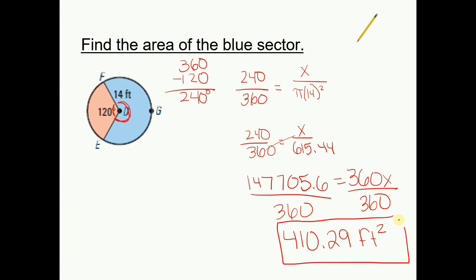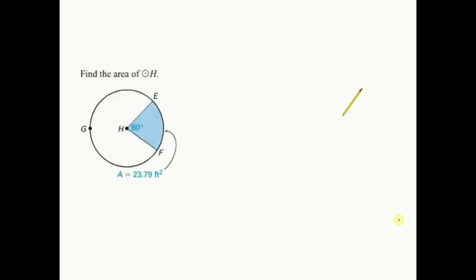410.29 feet squared. Now let's find the area of our circle H. Well, I know the degrees here. It's 80, so I can go 80 over 360 equals sector area. They gave me that. That's 23.79, but they didn't give me the radius, right?